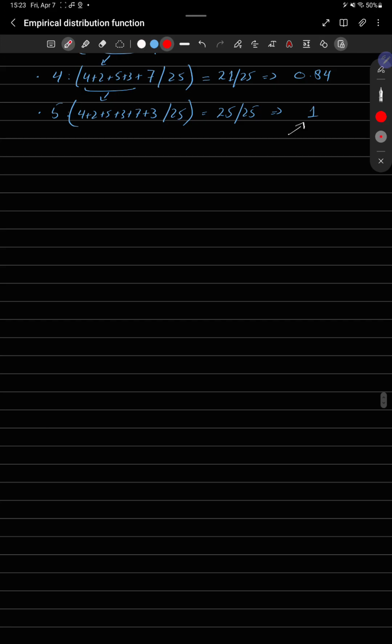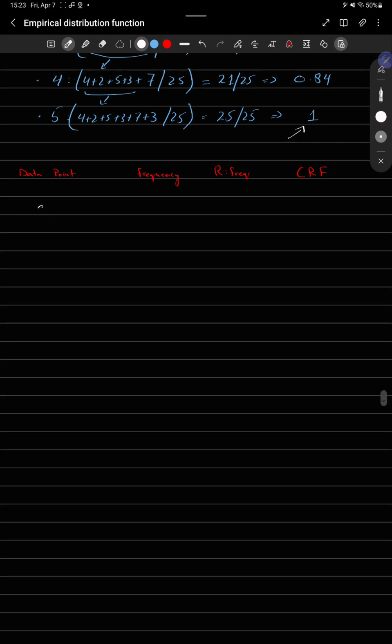Let's make a chart. We have here data points, we have frequencies, then we have relative frequencies, then we have cumulative relative frequencies. So we got here 0, 1, 2, 3, 4, 5.